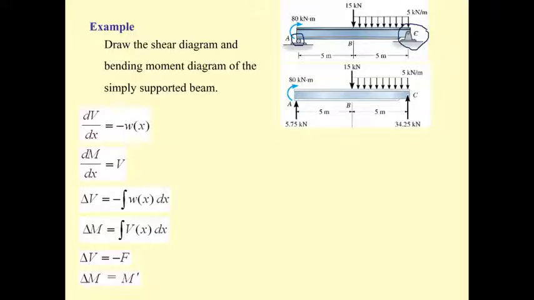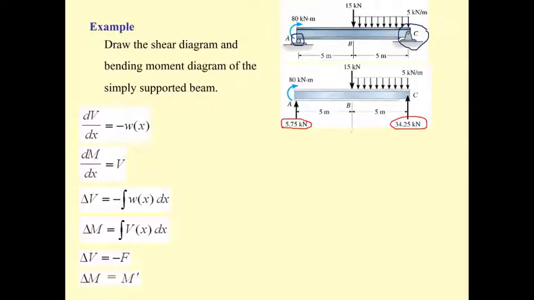So let me skip the portion of drawing the free body diagram of the beam and the portion of using the equation of equilibrium to find the resultant force. Let us have the resultant force at A of 5.75 and at C of 34.25.